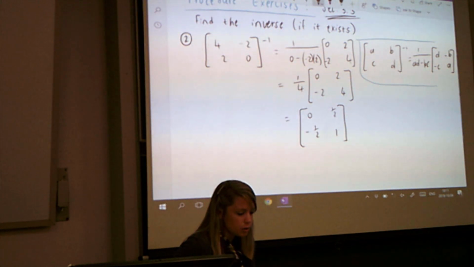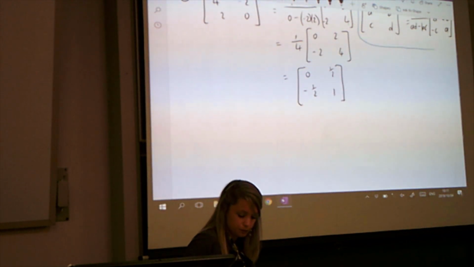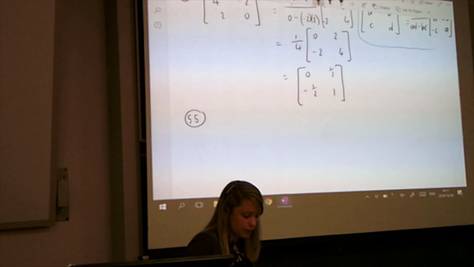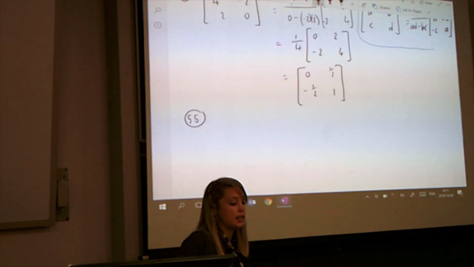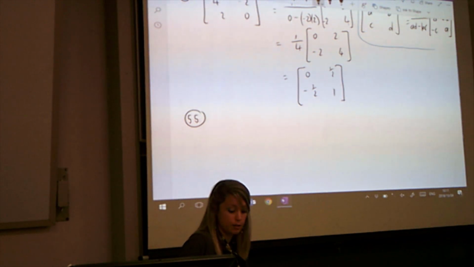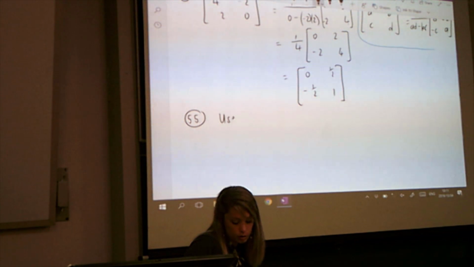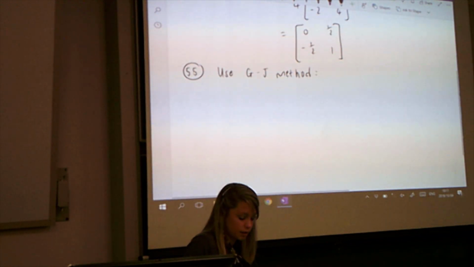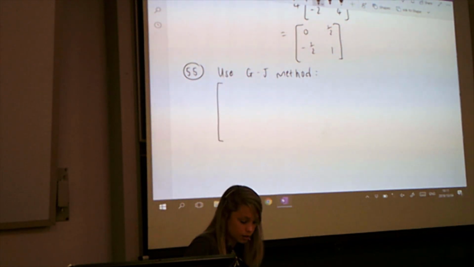The next one I'm going to do is number 55. And this one actually says that we have to use our Gauss-Jordan method for finding the inverse. So use the Gauss-Jordan method. The matrix looks like this.